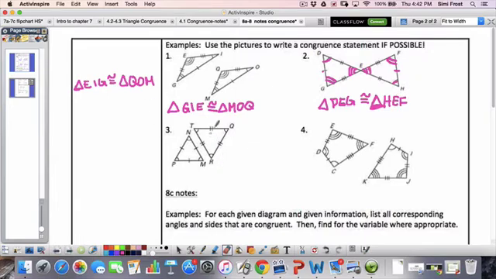Okay, coming over to this one, I see that all the angles inside this triangle are all the same size. They also are all the same in this triangle. And as it turns out, since we know that it's 180 degrees in a triangle, all these angles, if I divide by 3, each of them are going to be 60 degrees. So these are all 60. These are all 60. So I do have corresponding angles.